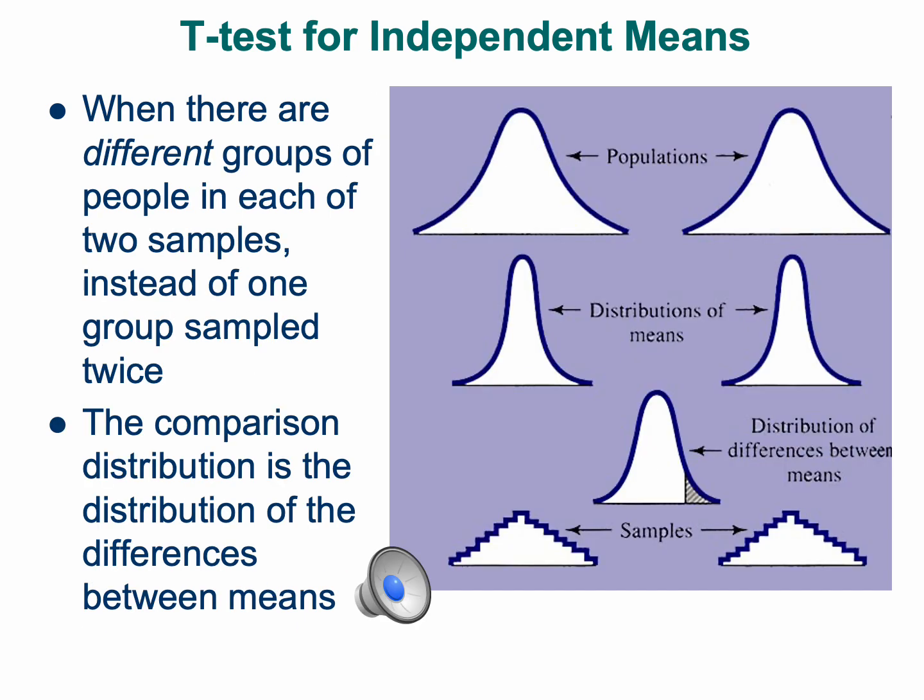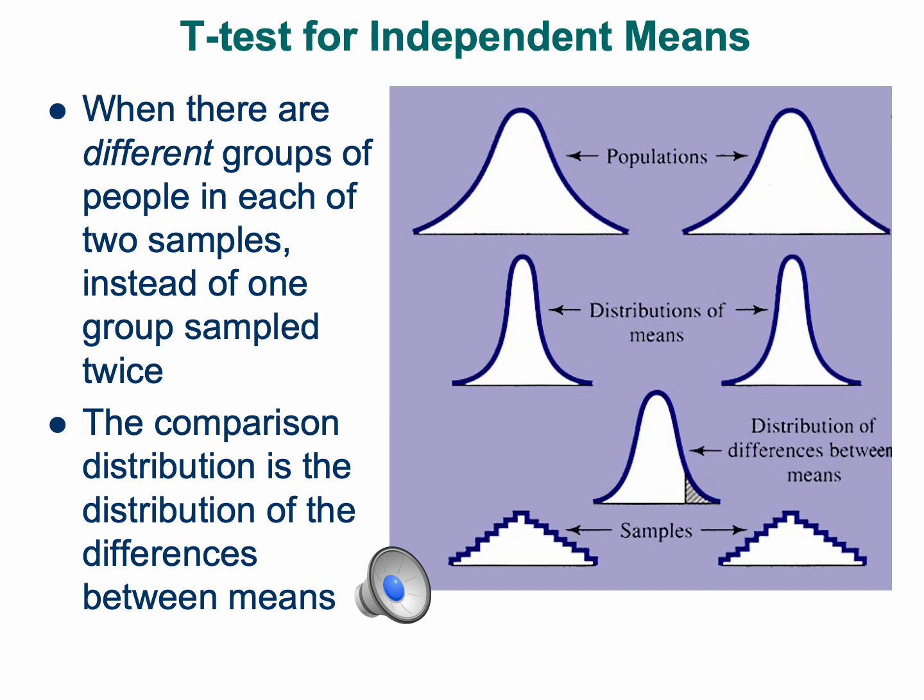Here's a schematic of the independent means t-test, where there are two different groups compared. And so you have two populations, and we'll say this is males and females. Now within these two populations, you're going to derive a distribution of means of samples. Remember the exercise where we derived the distribution of means of samples taken from populations.